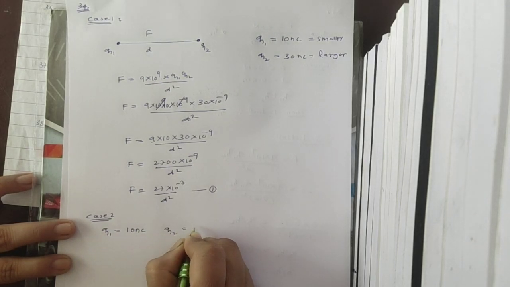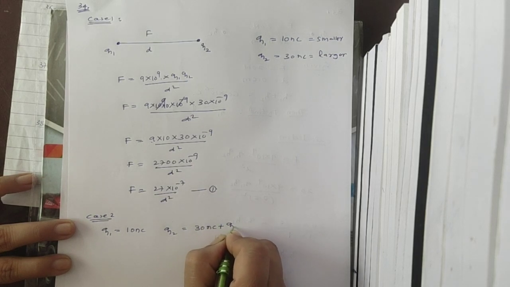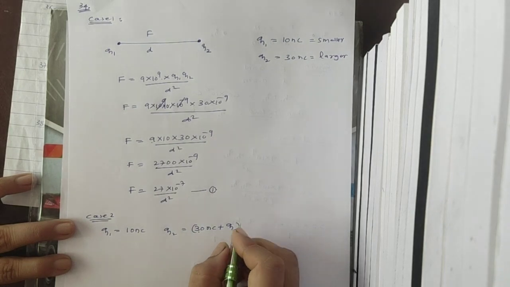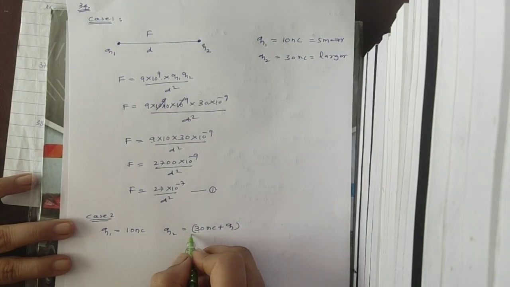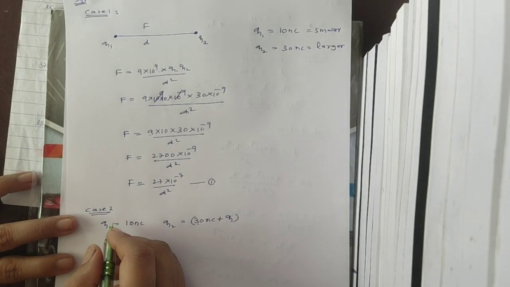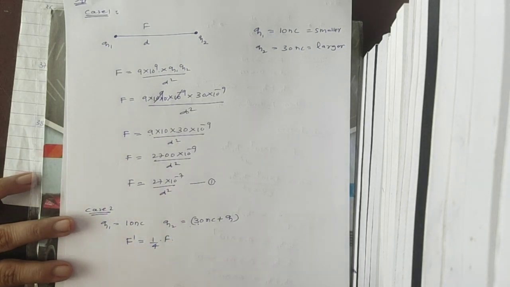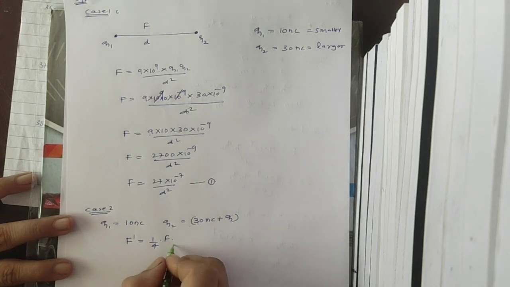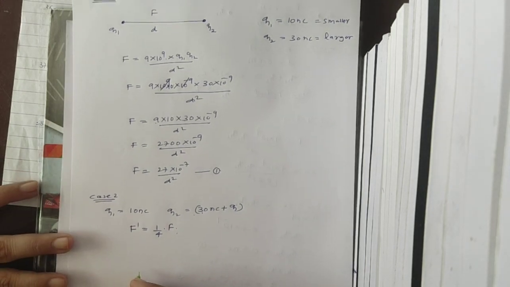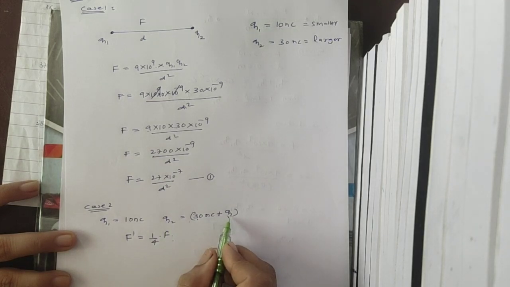Q2 will be 30 nanocoulomb plus Q. Something is added to this larger charge so that the force reduces to the new force, F dash equal to 1 by 4 times F. This is given. To find is Q.